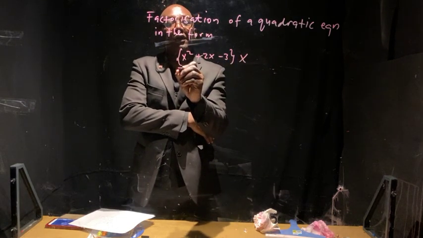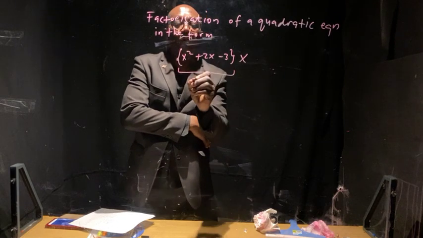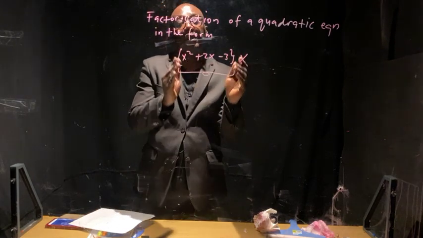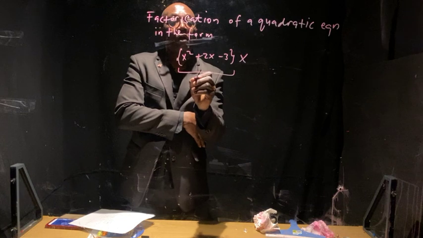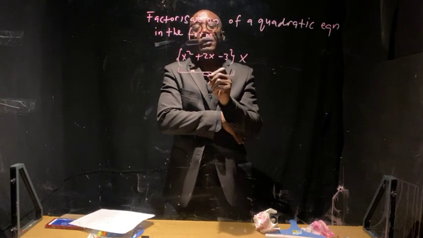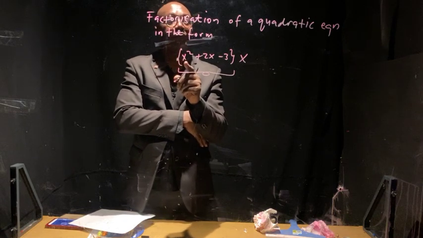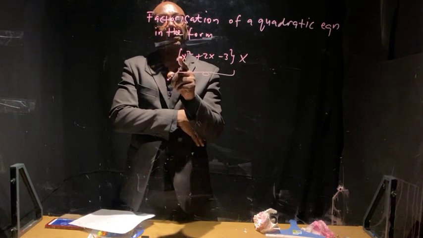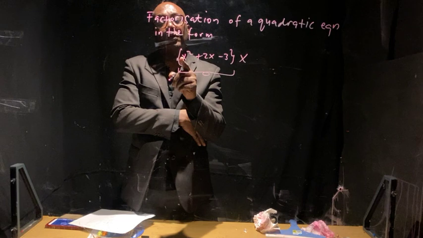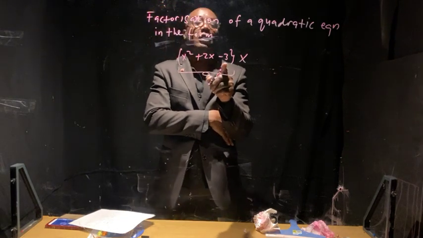You first have to concentrate on this one. If you have an expression like this, you can see that the coefficient of x squared should be multiplied to the constant.